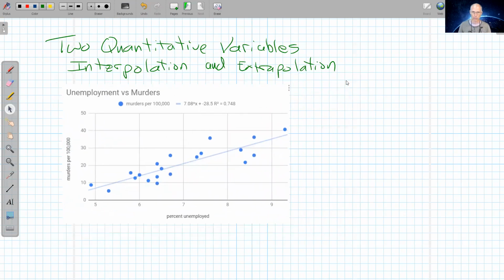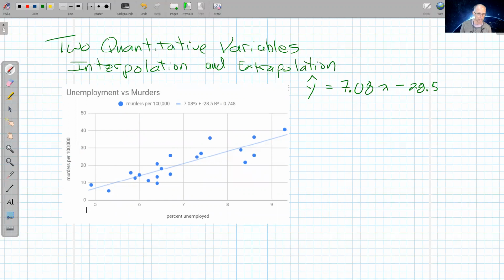So the line, remember we call that y hat. In this case, y hat is equal to about 7.08x minus 28.5. Interpolation is to predict within the data.